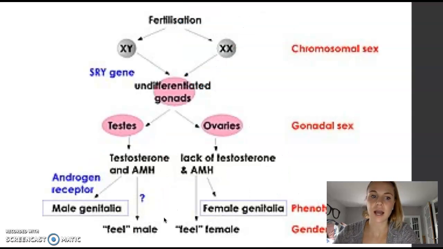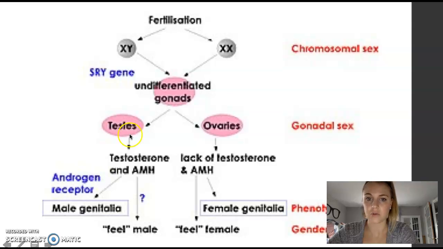And then this is just kind of a little summary of everything we talked about and how embryonic genders differentiate. So as you can see here, after fertilization, the embryo either has two X or an X and a Y chromosome. If there is a Y chromosome present, then there's an SRY gene, which causes the undifferentiated gonads to form into testes, right here.